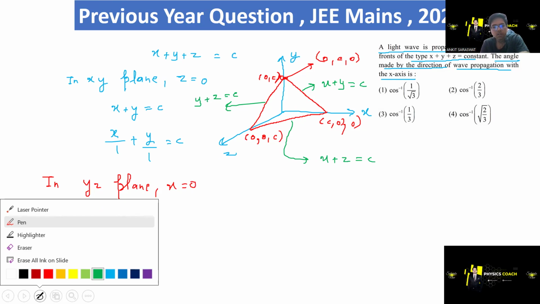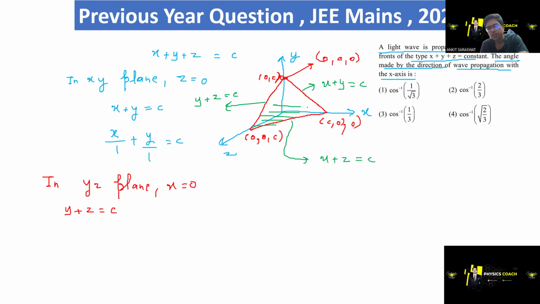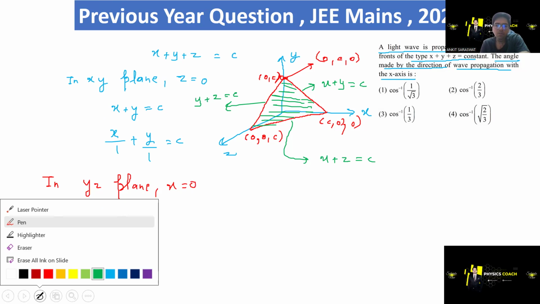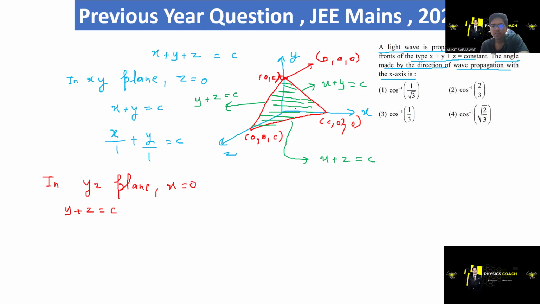Now you got one important figure. This is the plane wavefront which is mentioned in the question: x plus y plus z is equal to constant. So the equation of this plane wavefront is x plus y plus z is equal to constant.